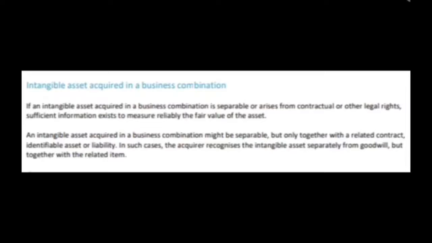So all you have to do is measure the fair value of the asset, and whatever the fair value of the asset, whatever the running value or the market prevailing value is, shall be the value of the asset acquired in the business combination.